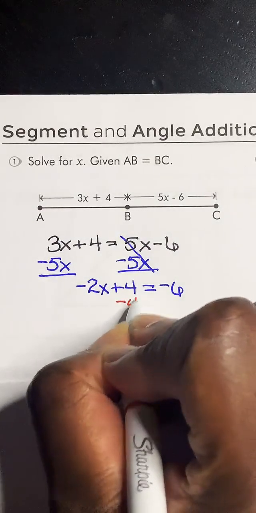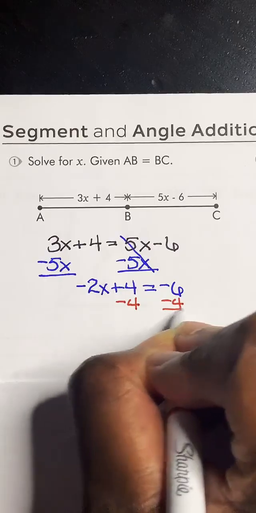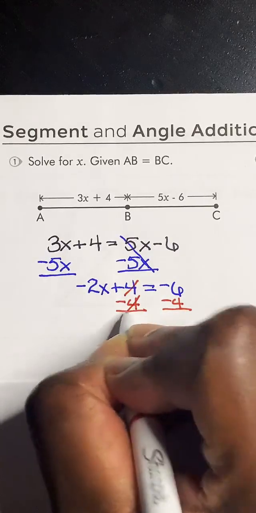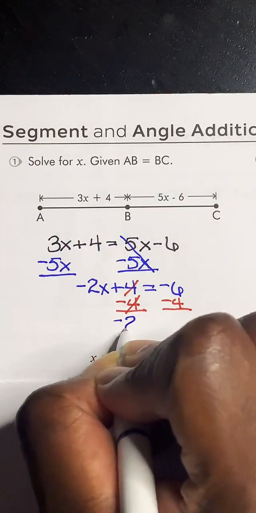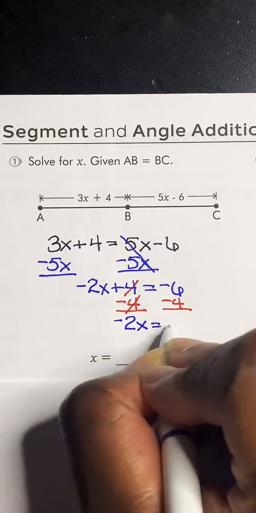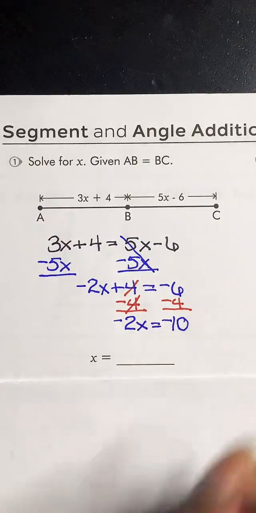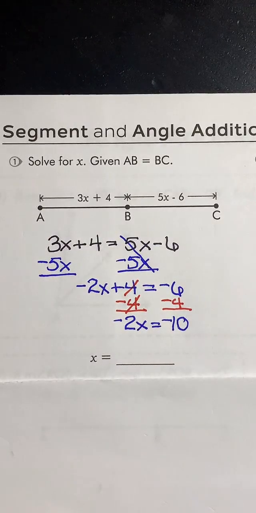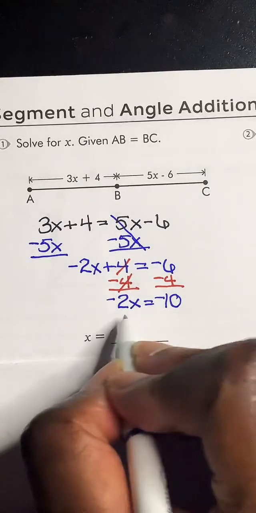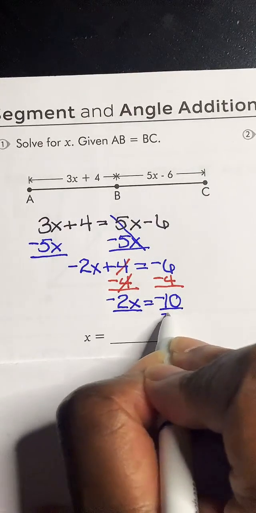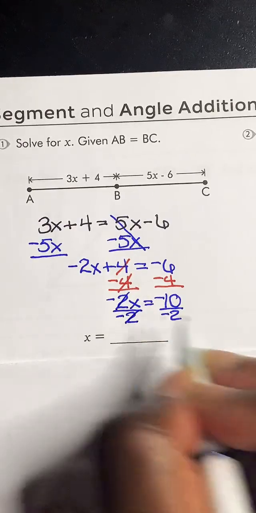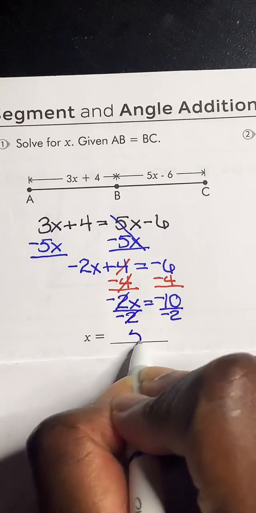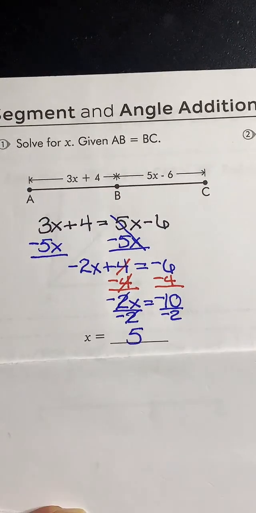Then we will have to subtract 4 on both sides. Then you have negative 2x is equal to negative 10. Once we get that, we divide both sides by the negative 2. And then don't forget, a negative divided by a negative will give me a positive. So like some of you guys mentioned, it is a positive 5.